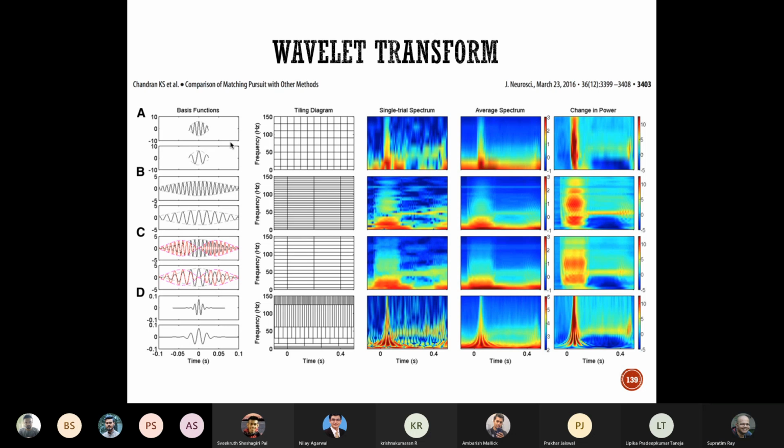Now, what I've been telling you is that when you have a window of length n, or well, let me put it in units. If a window has a length of time t seconds, so that you're computing the FFT over a length of time t, then the frequency resolution is 1 by t, right?